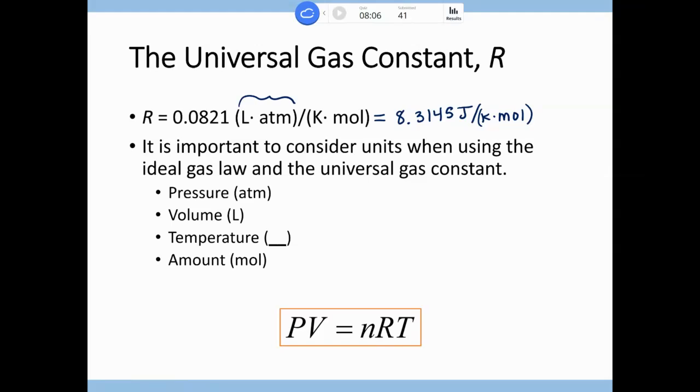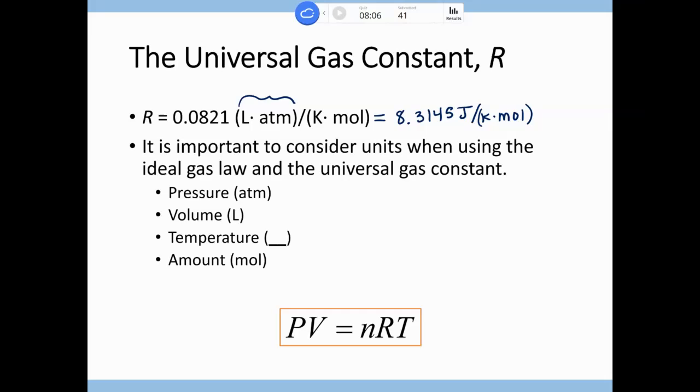In the future, not today, but in later sections in this chapter, we will talk about gases doing work, the energies of gases, and so using the universal gas constant in units of joules is helpful in those equations. But for today, we'll use that first value, 0.0821, liters times atmosphere divided by Kelvin times mole.